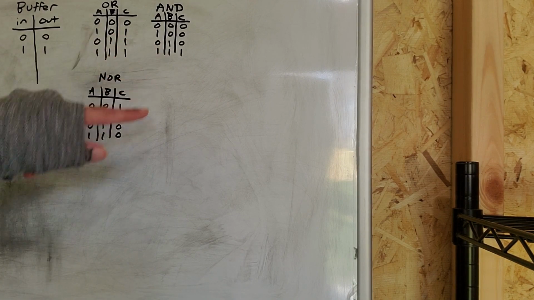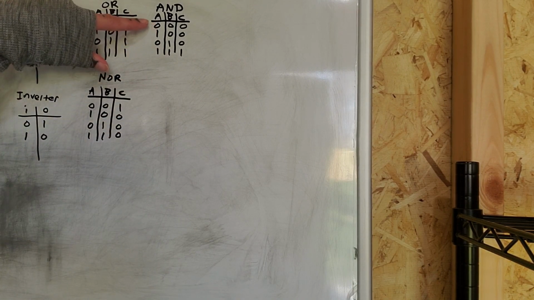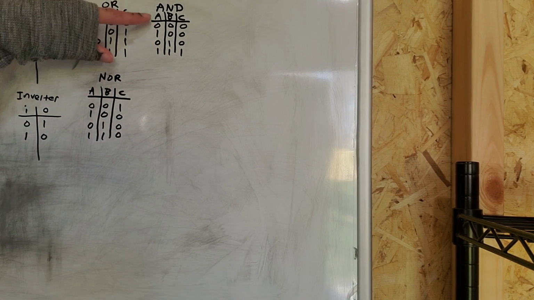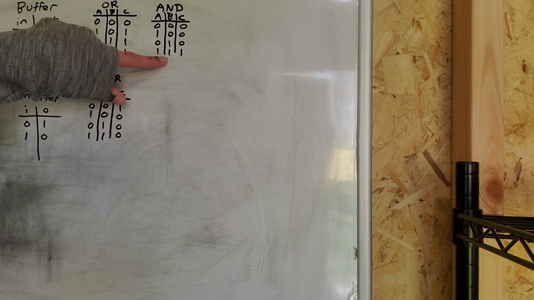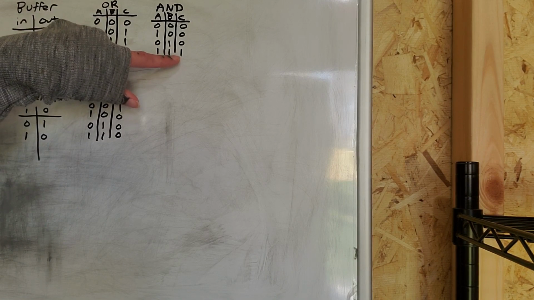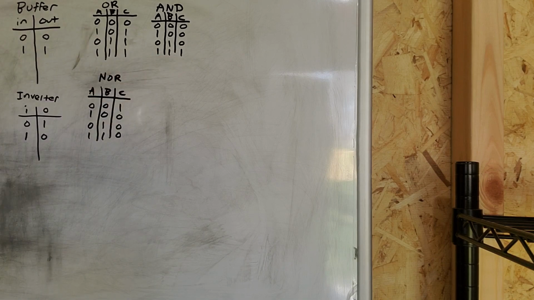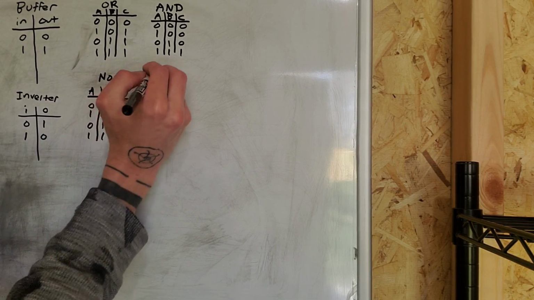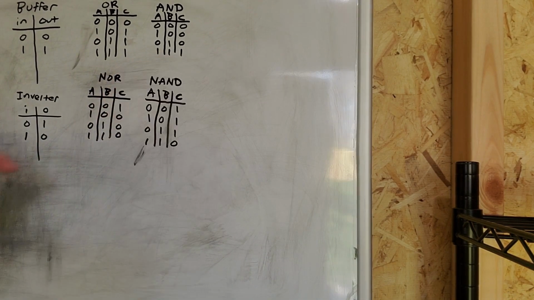So you see in this condition, it requires both inputs, A and B, to be 1 to provide a signal as the output. And for the NAND gate, so the polar opposite of the AND gate.